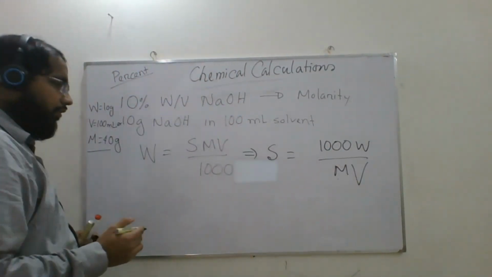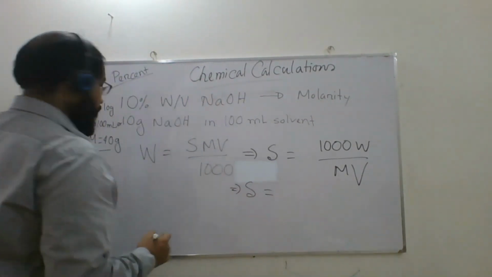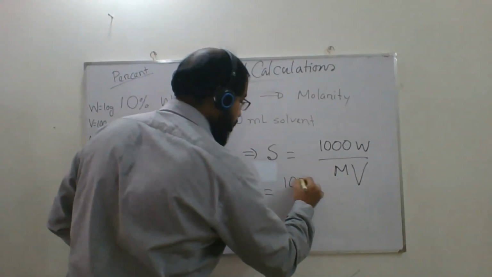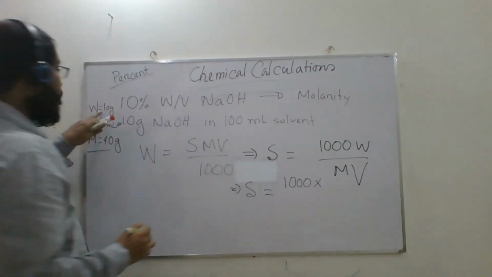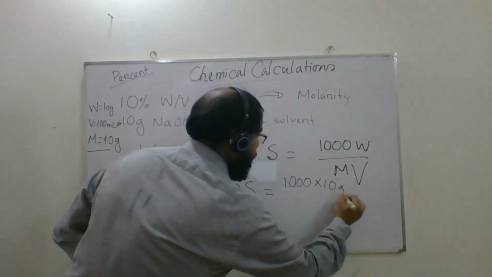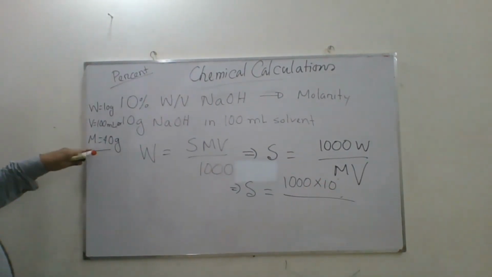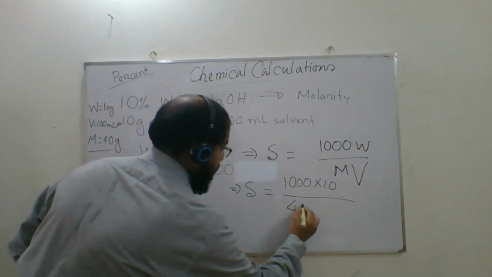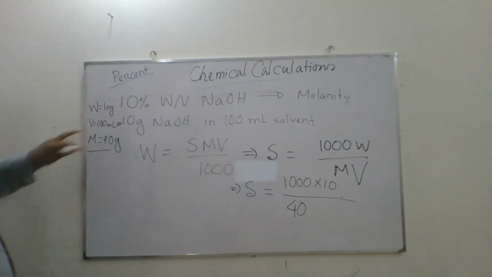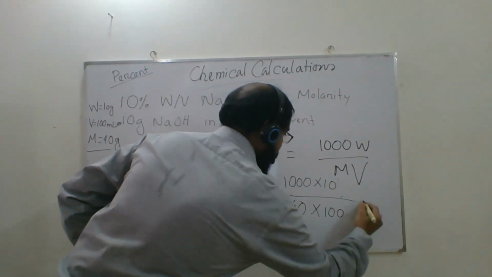Now what will be S? 1000 into W, 10 gram, divided by M, 40, and volume 100. So what is the result?